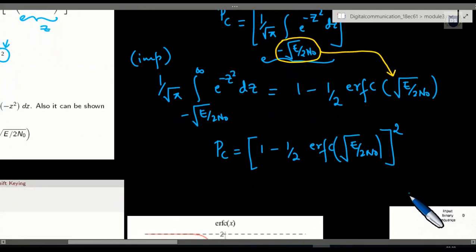Now this is in (a minus b) whole square fashion, which if we expand will land onto a square plus b square minus 2ab.